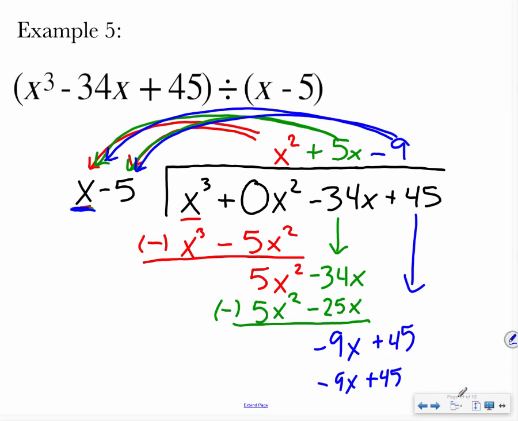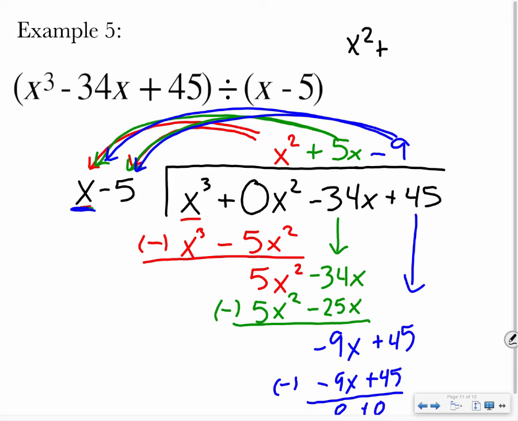And if I subtract, negative 9 minus negative 9, so negative 9 plus 9, that's a 0. And then 45 minus 45 is also a 0. So we don't have a remainder. Our final answer is x squared plus 5x minus 9. Alright, that is our final answer.